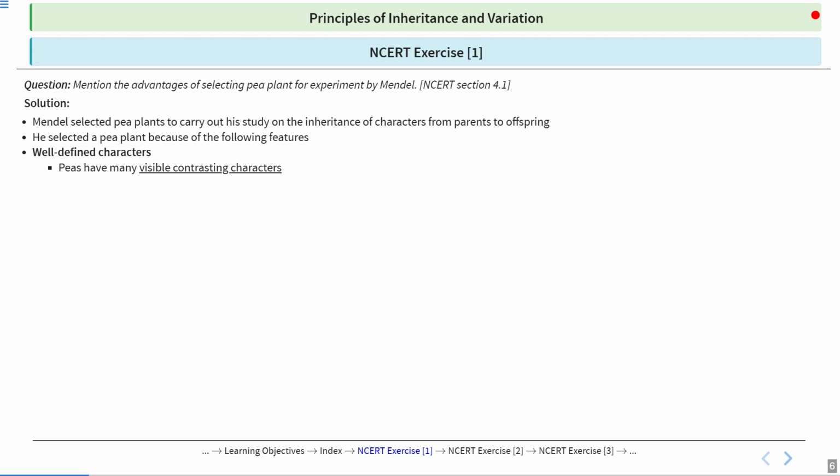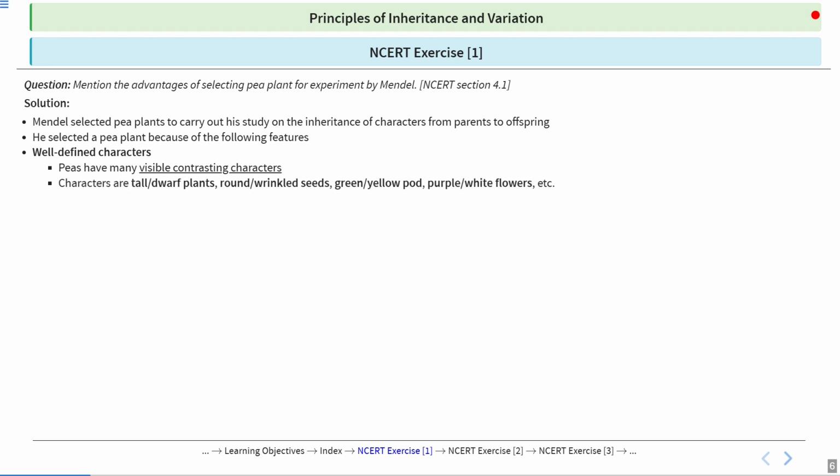Pea plants have many visible contrasting characters, which you can observe. Mendel chose 7 pairs of contrasting characters. One of them was height. The plants were either tall or dwarf. This was one of the main reasons for selecting the pea plants.